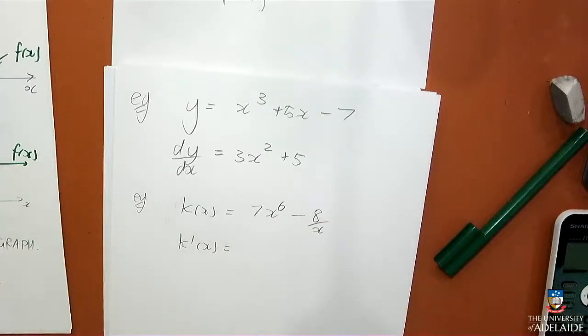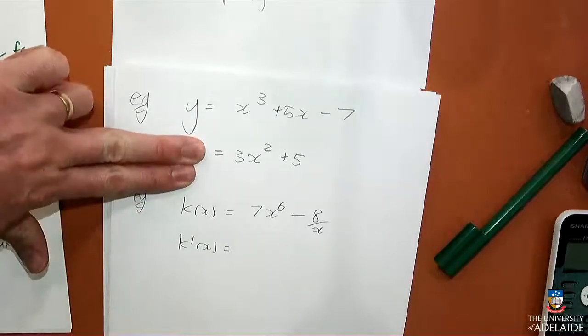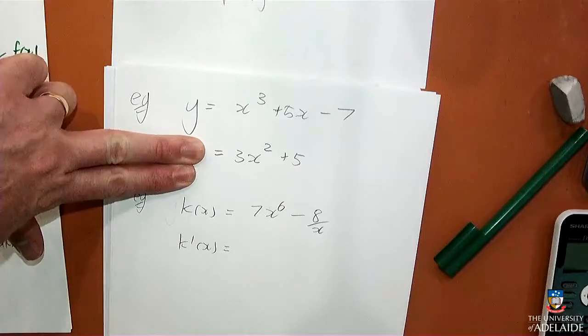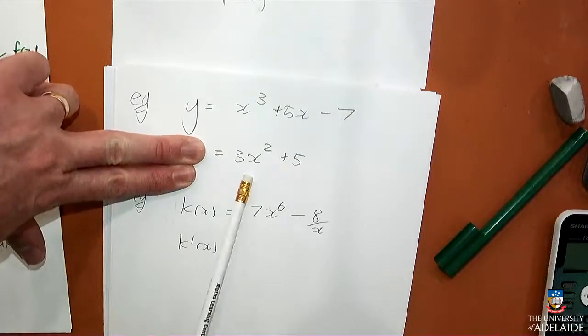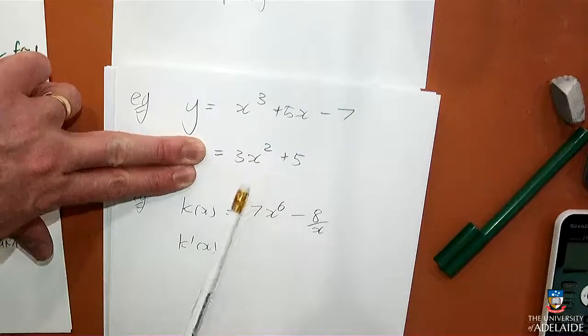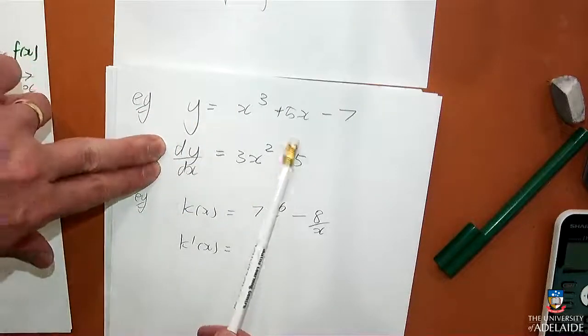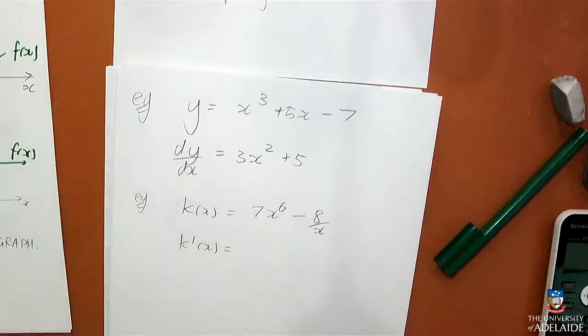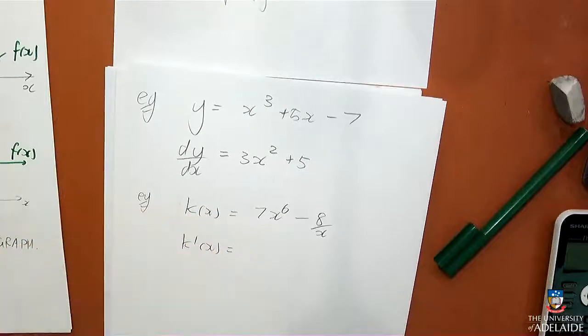Every time I do a derivative, I have not just put equals. Y is equal to that, and it's totally not equal to this. That's the derivative. So I have to tell the reader that it's the derivative that's equal to this. Very important to make sure your equals only ever means actually equal. Okay, so if k is equal to this, then k dashed x is equal to this.